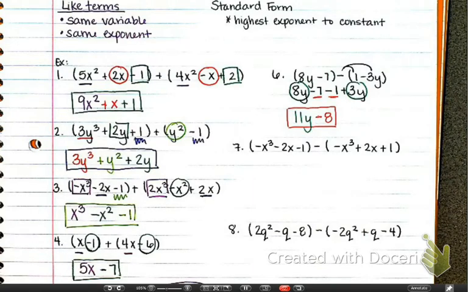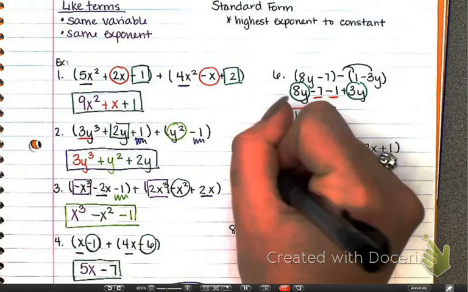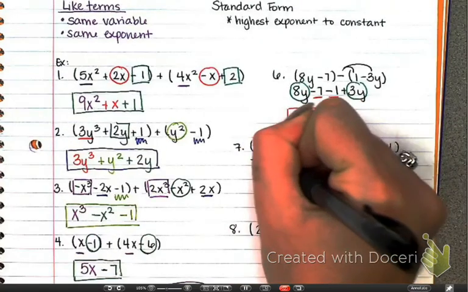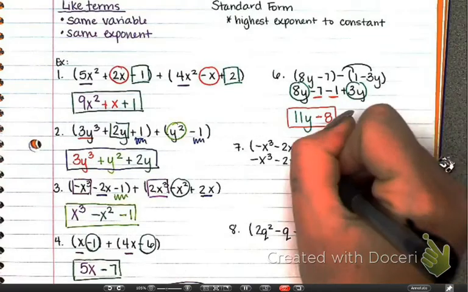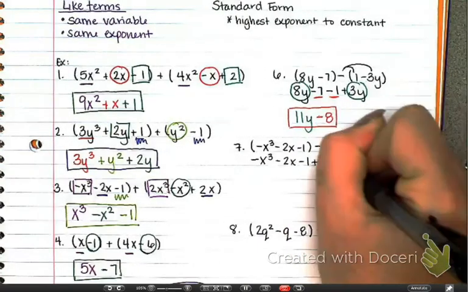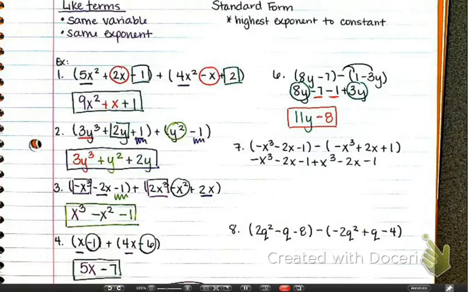Okay, take a few minutes and do number 7 and 8, and then I will have homework for you. All right, number 7. So I have a -x to the third minus 2x minus 1. If I distribute that negative, I now have a positive x to the third, a minus 2x, and a minus 1. Highest exponent.